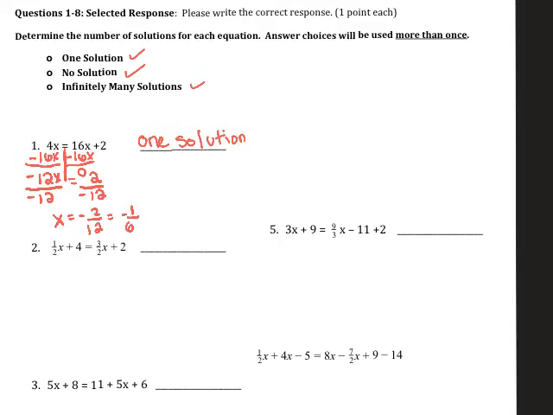Because unless the variables zero themselves all out, when we were dealing with systems, we had to have both variables zero out. But here, we only have to have one variable zero itself out.